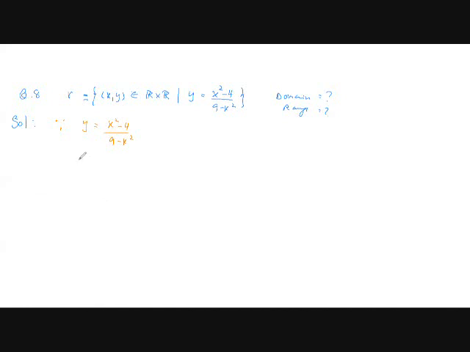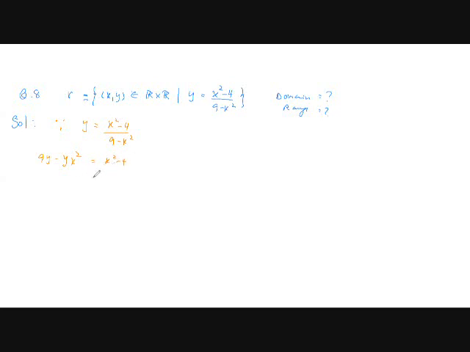So this one is moved to this side, 9 minus x squared. So it becomes 9y, just cross multiplication: 9y minus y x squared equals x squared minus 4. Try to get x.